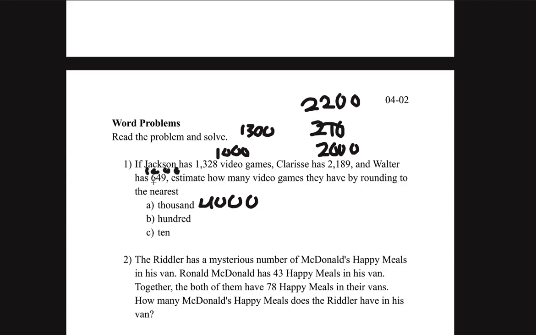And 649, since it is below 50, you go 600. So it'll be 1,300 plus 2,200 plus 600. So you get 5,100, I believe.